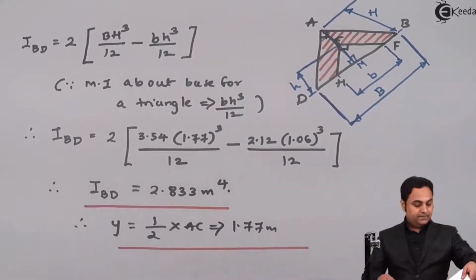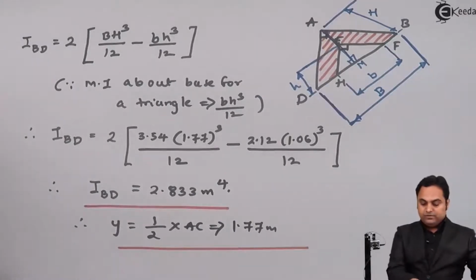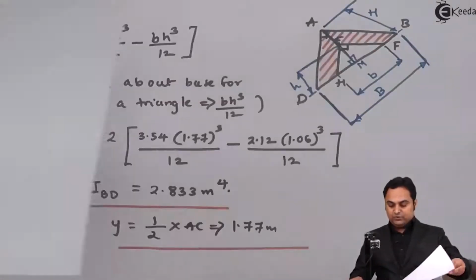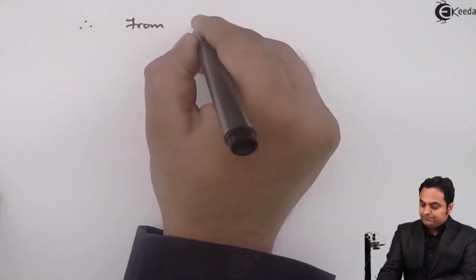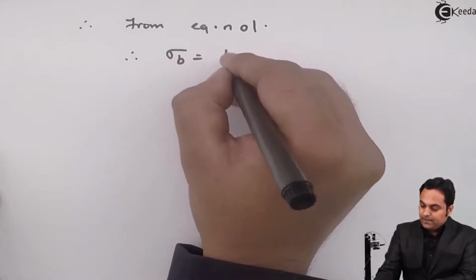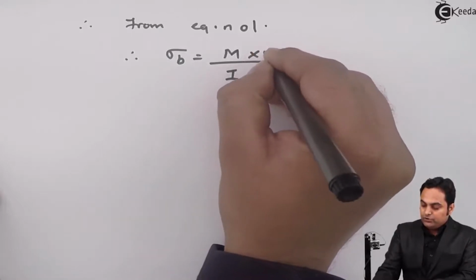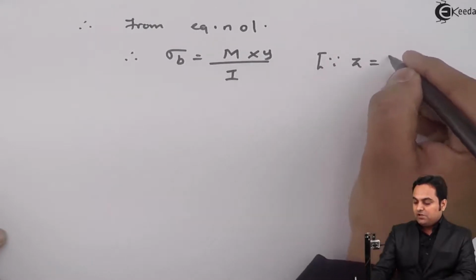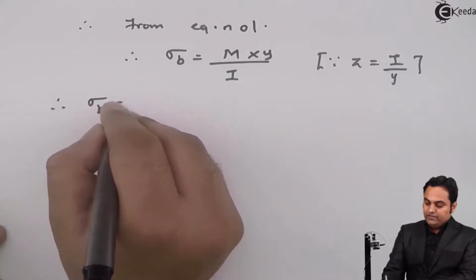After getting I and y values, the next thing is, in equation number 1 we had written M upon Z. Therefore, from equation 1, bending stress sigma_b is M upon Z, and Z is nothing but I upon y. Since section modulus is I upon y, I'll put in the individual values.